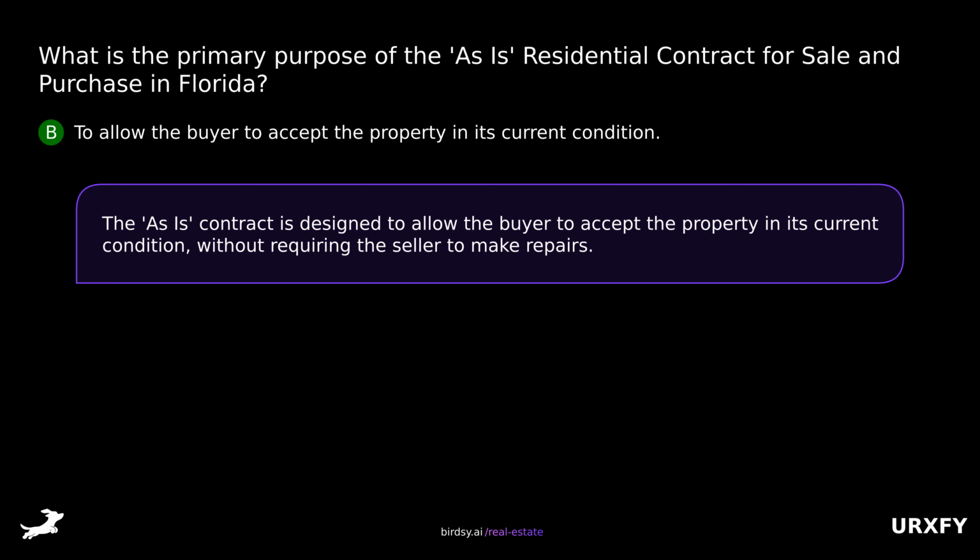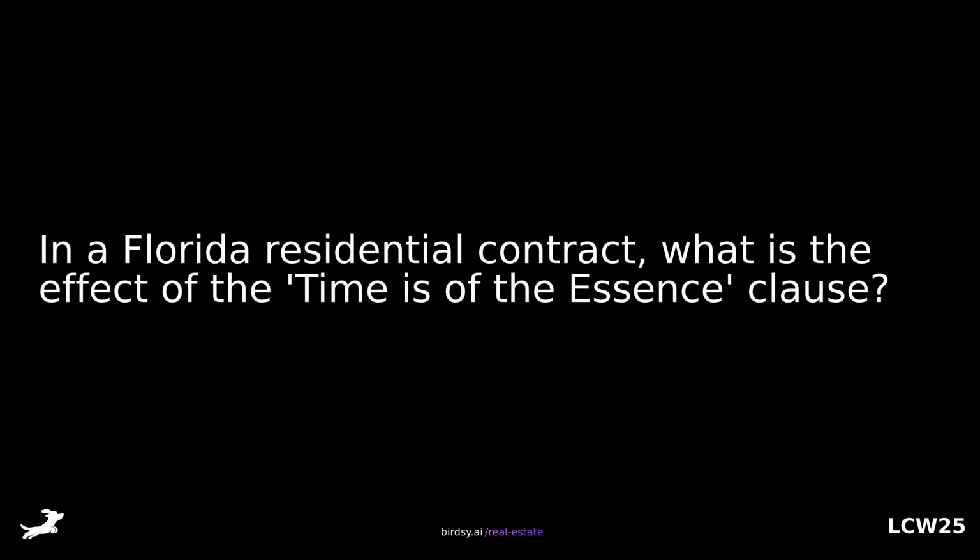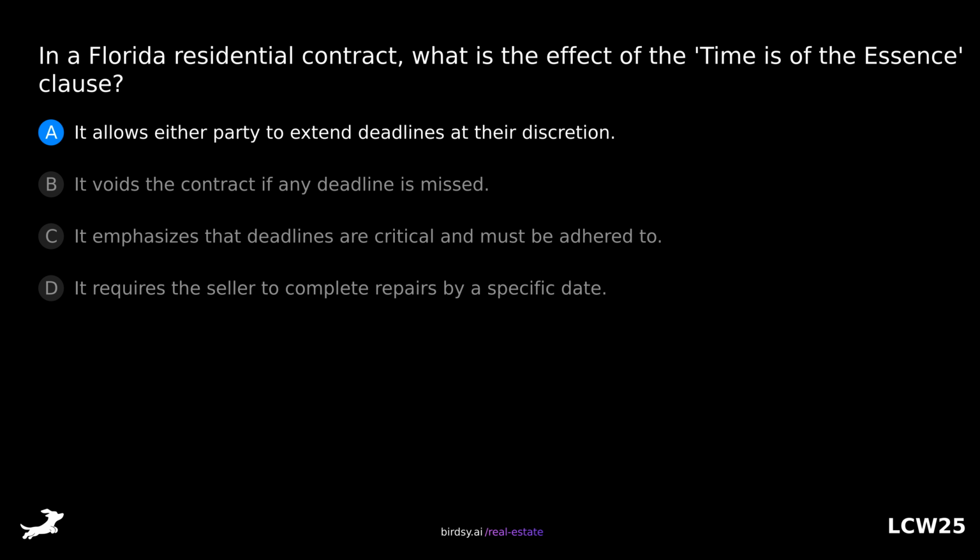The as-is contract is designed to allow the buyer to accept the property in its current condition without requiring the seller to make repairs. In a Florida residential contract, what is the effect of the time is of the essence clause? Is it A, it allows either party to extend deadlines at their discretion?